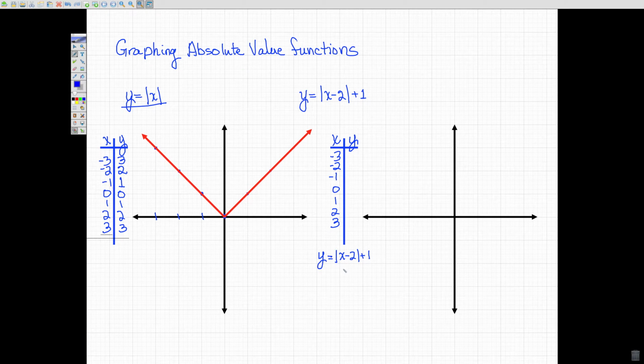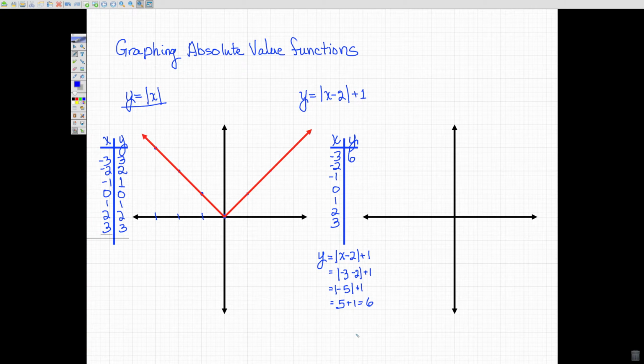If x is negative 3, this would be the absolute value of negative 3 minus 2, plus 1. Negative 3 minus 2 is negative 5, and the absolute value of negative 5 is 5, so this is 5 plus 1, and that equals 6.